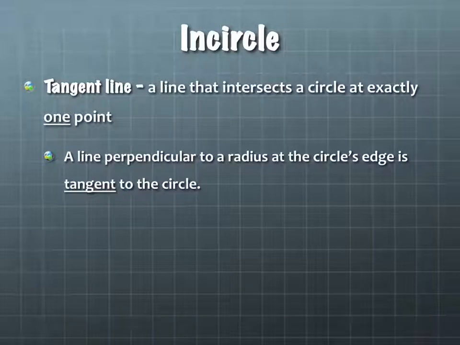A line perpendicular to the radius at a circle's edge is tangent to the circle.